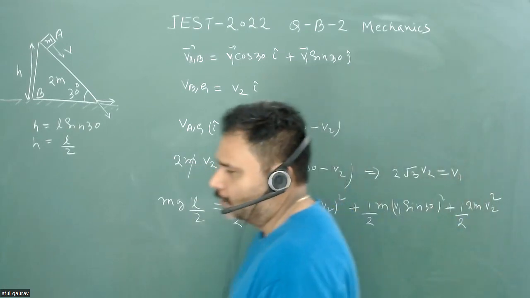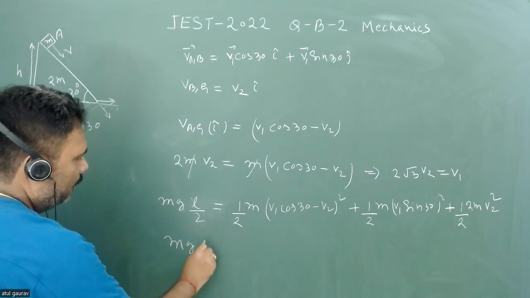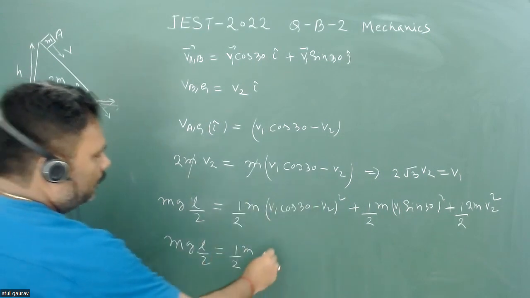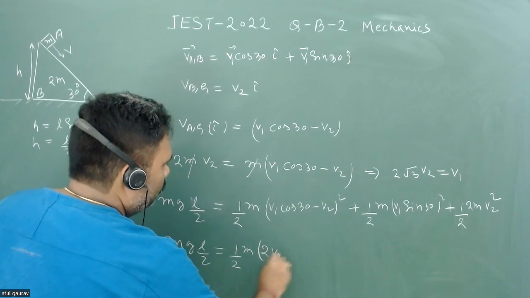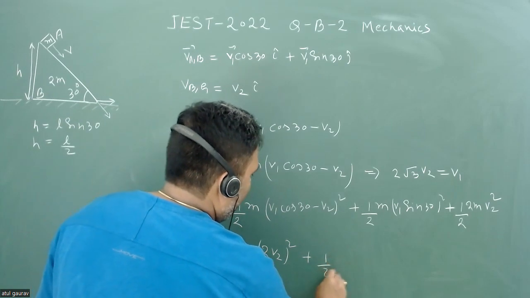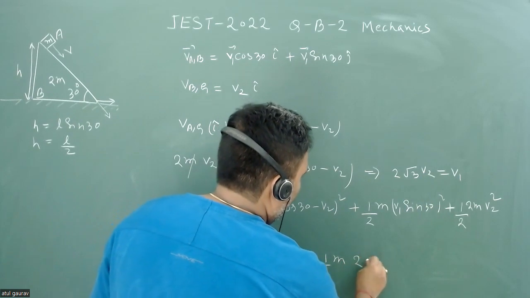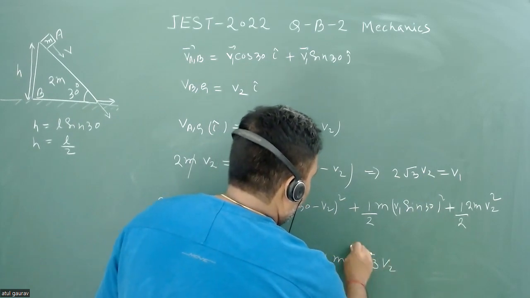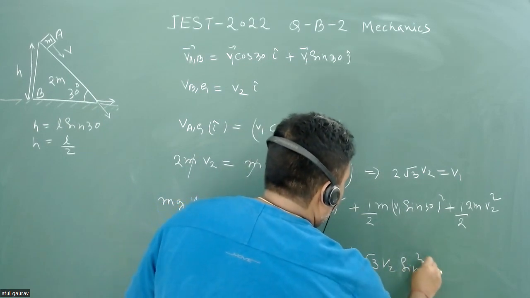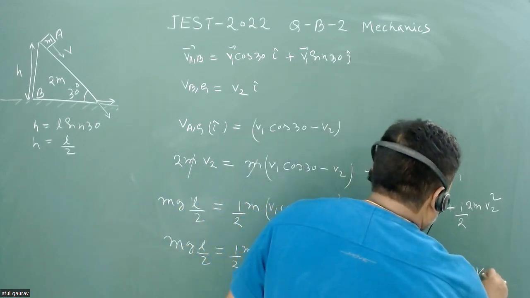Using this trick, mgL by 2 is equal to one half m times 2 V2 whole square, plus half m times, putting V1 as 2 root 3 V2, sine square 30, and here we have m V2 square.